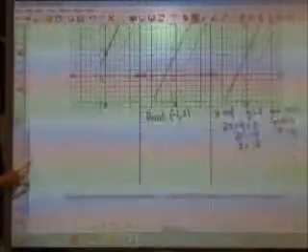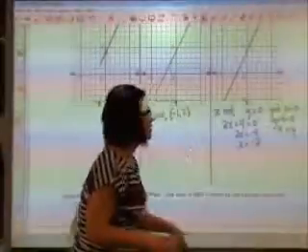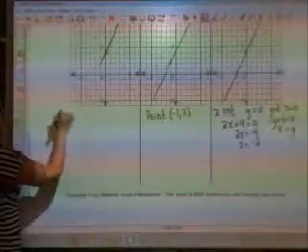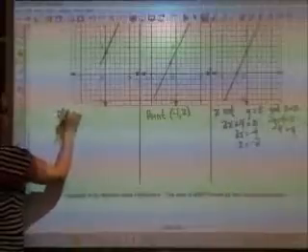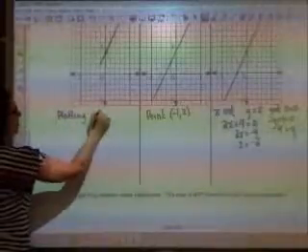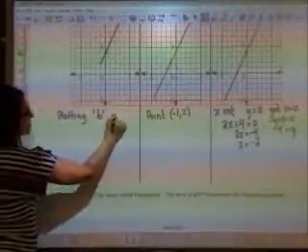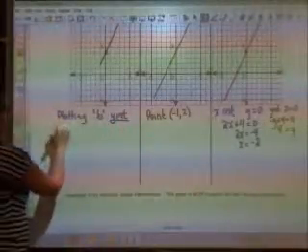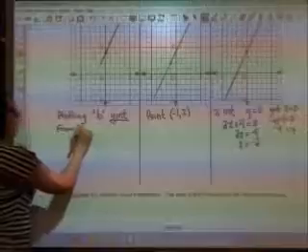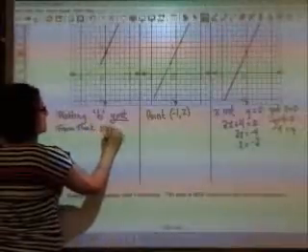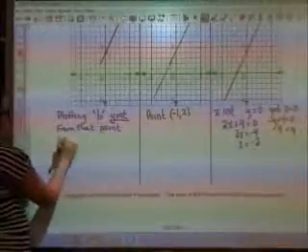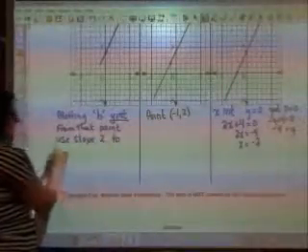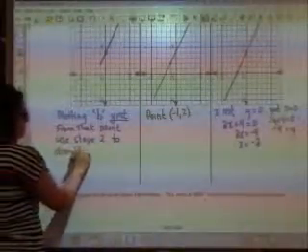Okay, so if we quickly summarize what we did in each of these, for the first question, we started off by plotting the b value, which is the y-intercept. And then from that point, you use the slope 2 to draw the next one.